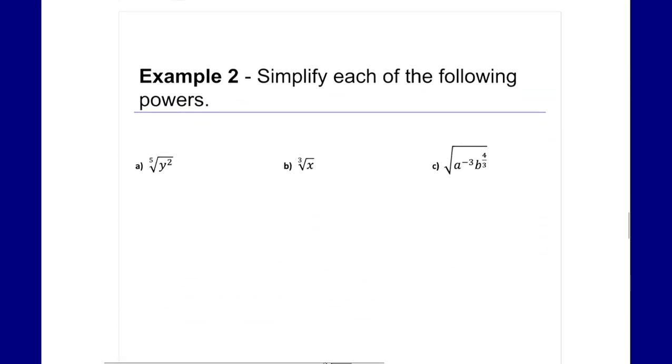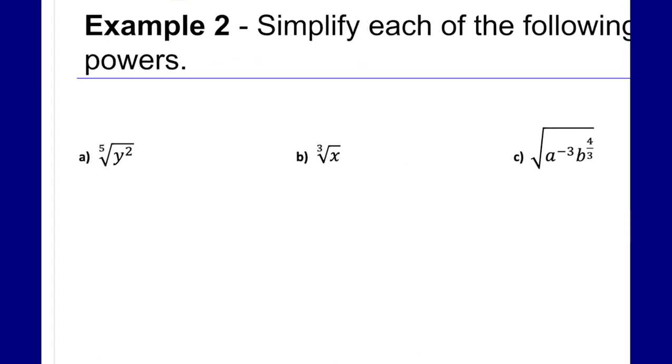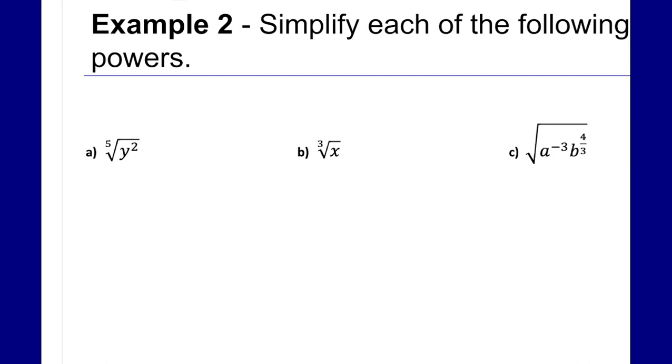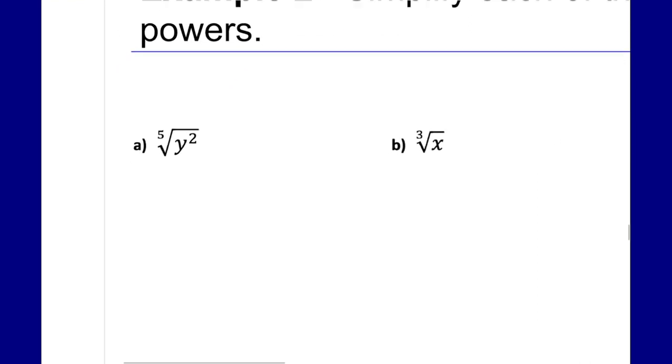Right, so let's simplify each of the following powers. Either we're going to write them as powers, or we're just going to simplify them. So for A, the fifth root of y squared. So the 5 becomes the denominator. The 2 becomes the numerator.